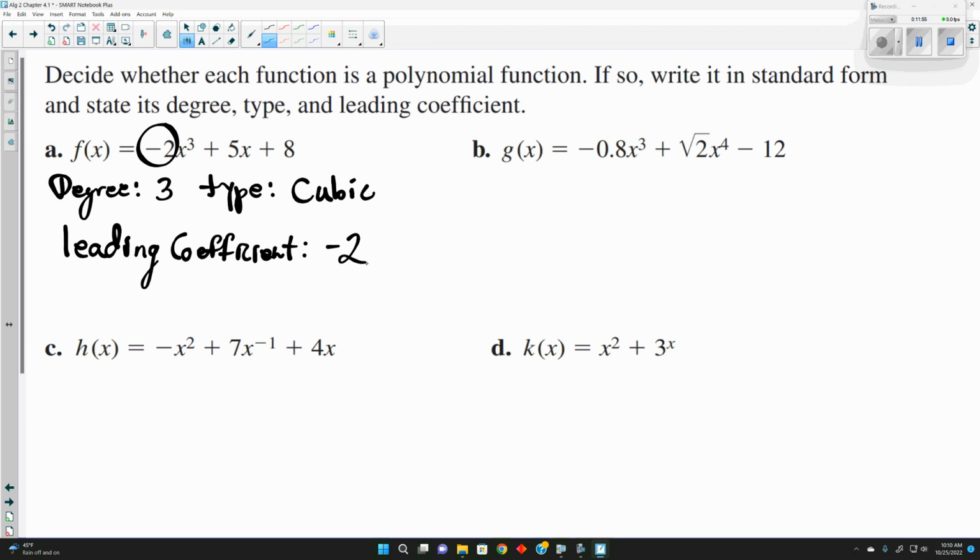Let's look at B. Can we say that B is a polynomial function? So why would we not? So they're out of order, but do we have negative exponents? No. Do we have fractional exponents? Do we have a variable inside of a radical?